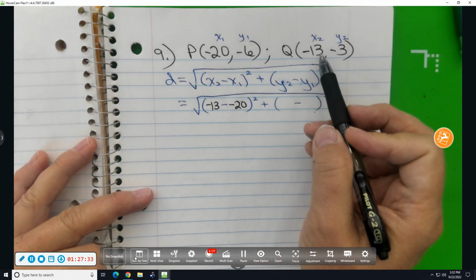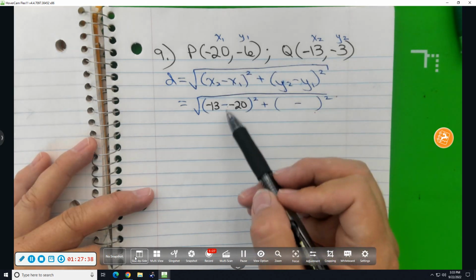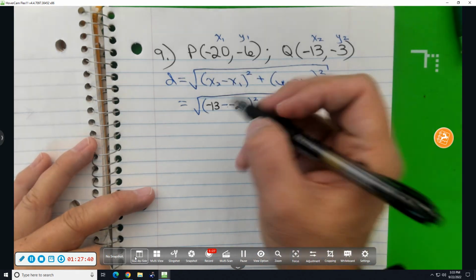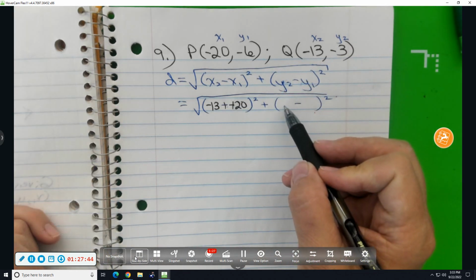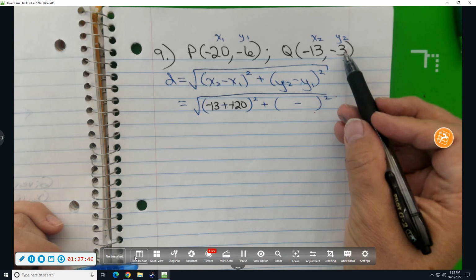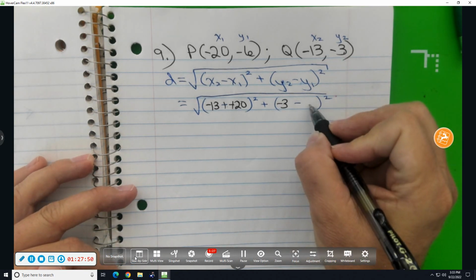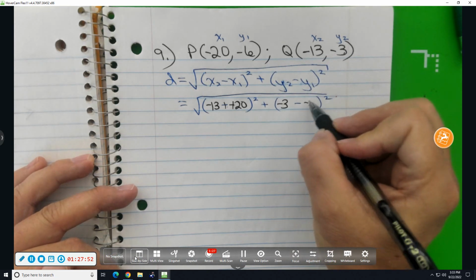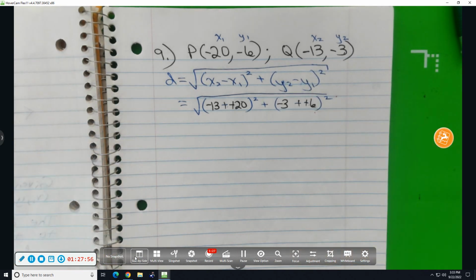So negative 13 minus a negative 20, minus a negative becomes a plus. What about here? y2 is negative 3. What am I going to write here? Negative 6, but y1 is negative 6, so that minus and negative will become a plus. Any questions on our logic so far?